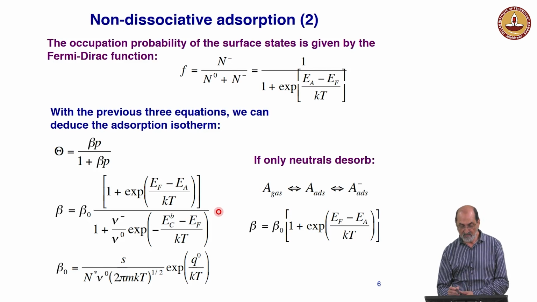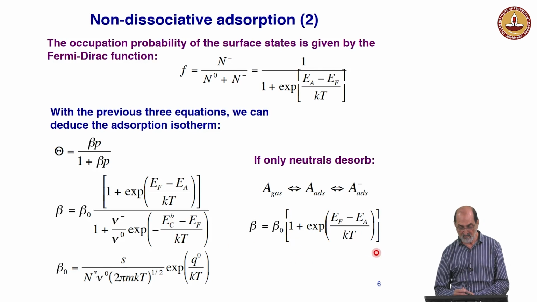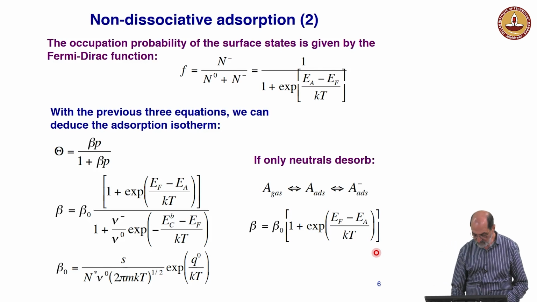But if only neutrals desorb, so the gas particle is absorbed at the surface as neutral and then charges, and these things are in equilibrium, this jump is very unlikely. This is what comes out from this theory. This beta reduces to this form because it's essentially zero, which is much simpler.